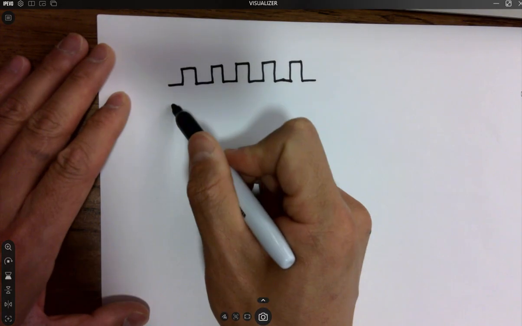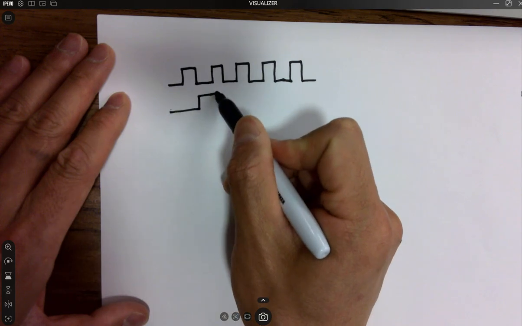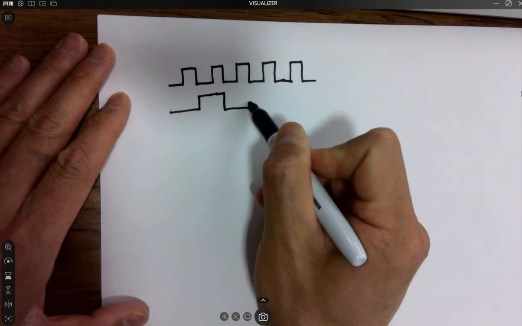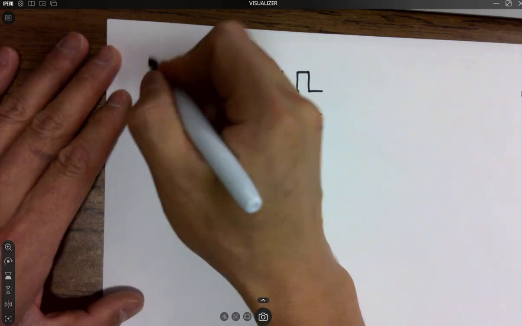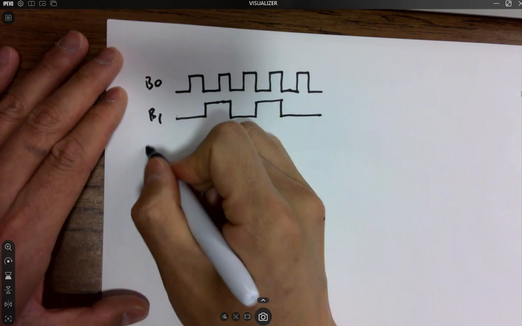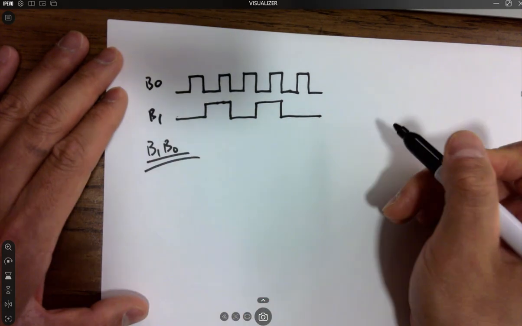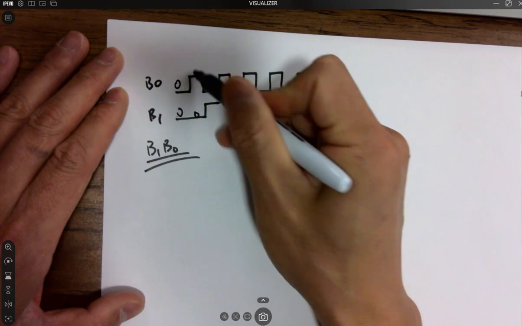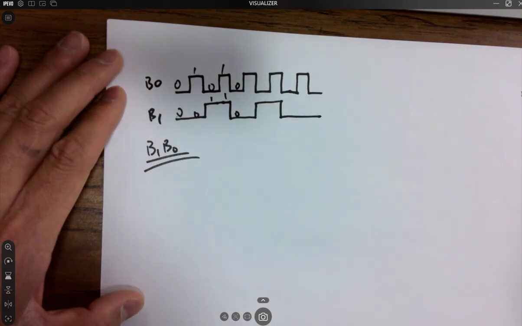So for example, if I do this, is this a counter? Yes, it is. Look at B1, B0 as a binary number: 00, 01, 10, 11, and 00 again.